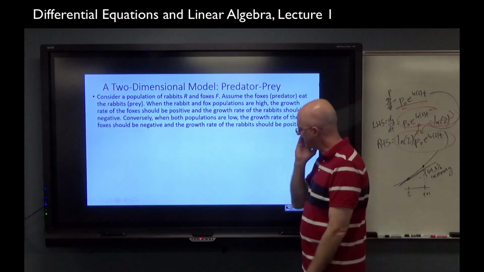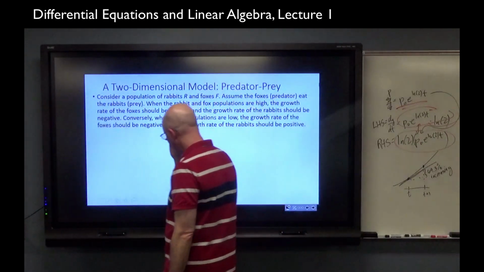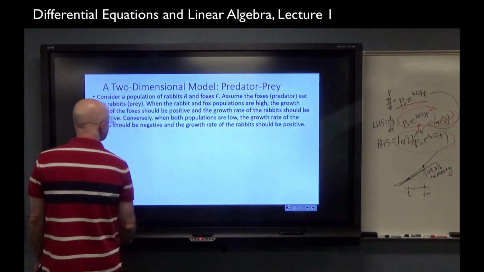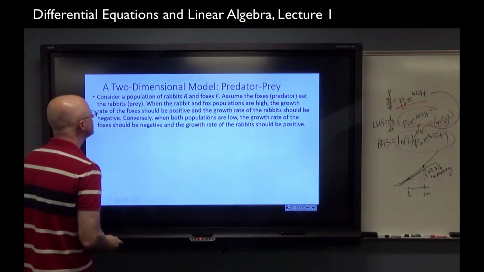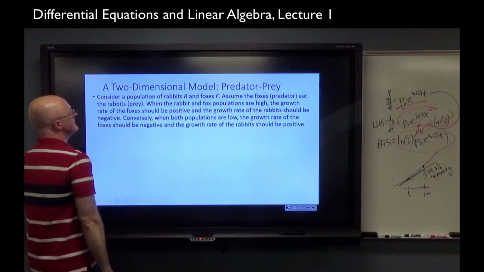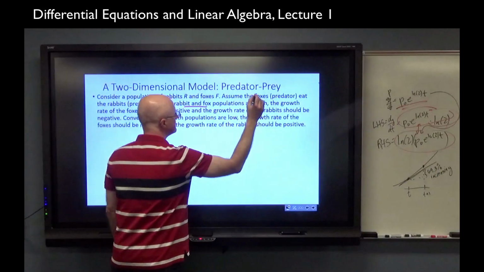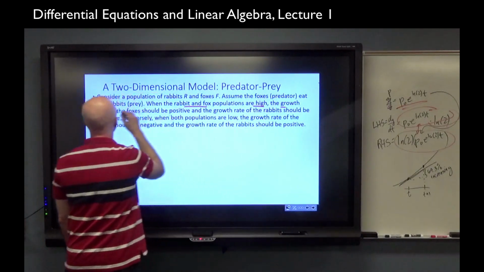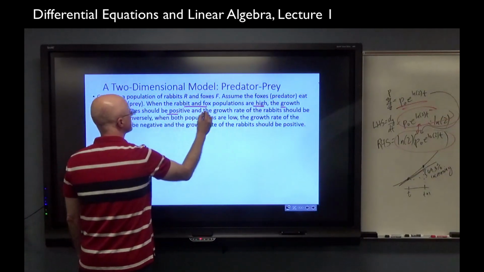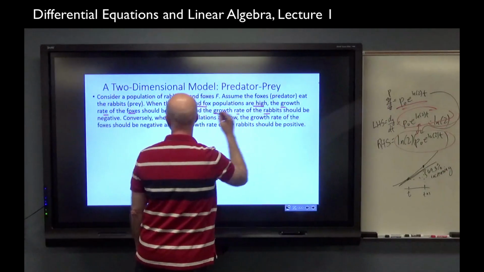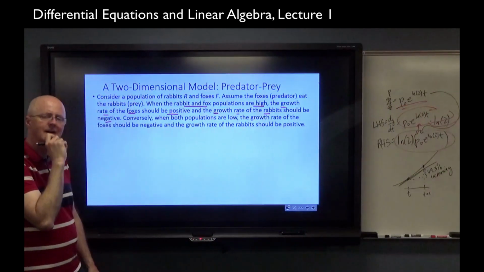What would be a reasonable kind of assumption to make about what might happen when rabbits and foxes are interacting? When the rabbit and fox populations are high, the growth rate of the foxes should be positive and the growth rate of the rabbits should be negative. Why?